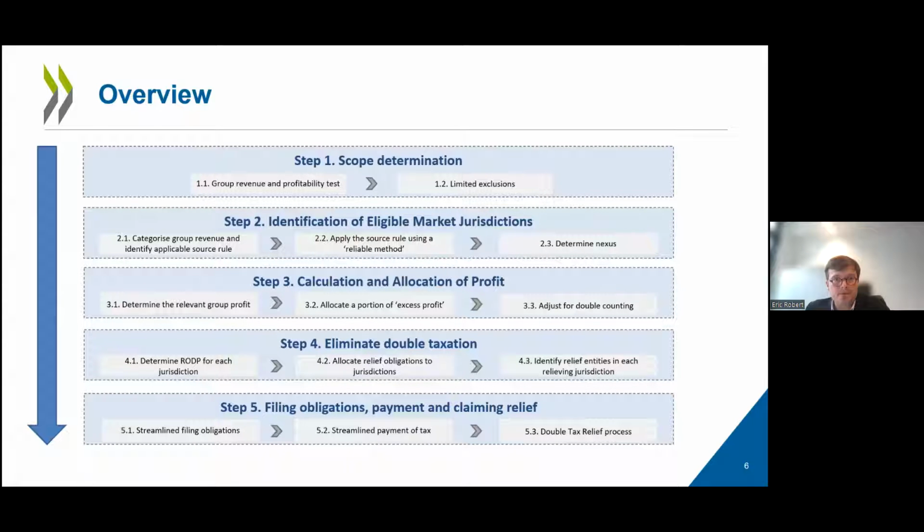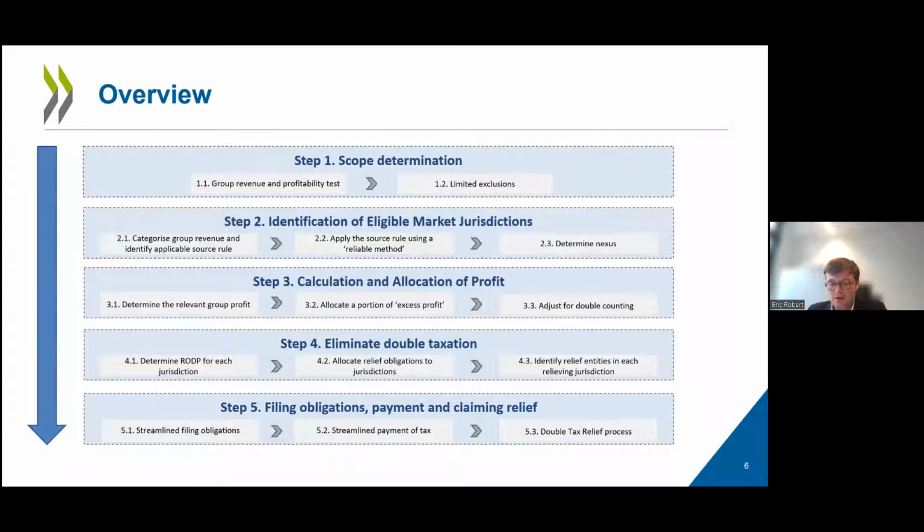Now, before we go into each step and look at the specific features, there may be a couple of general comments relevant when you look at all those steps together, when you actually look at the forest.